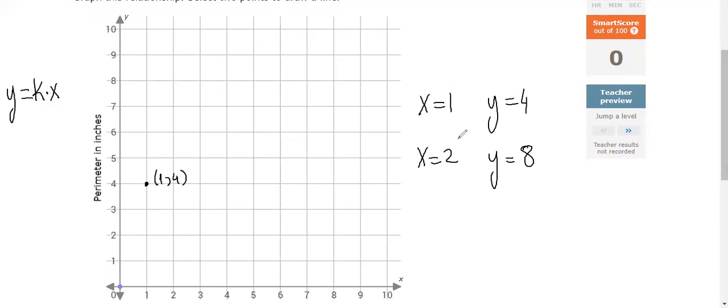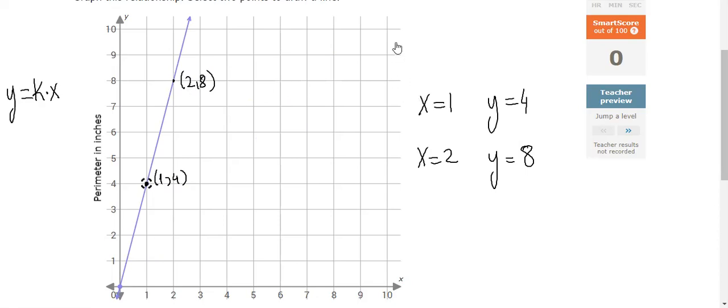And when x is equal to 2, y is equal to 8. This is 2 comma 8. And now I'm going to graph this. So you see, the line is passing through the origin, and it's also passing through 1 comma 4, and 2 comma 8.